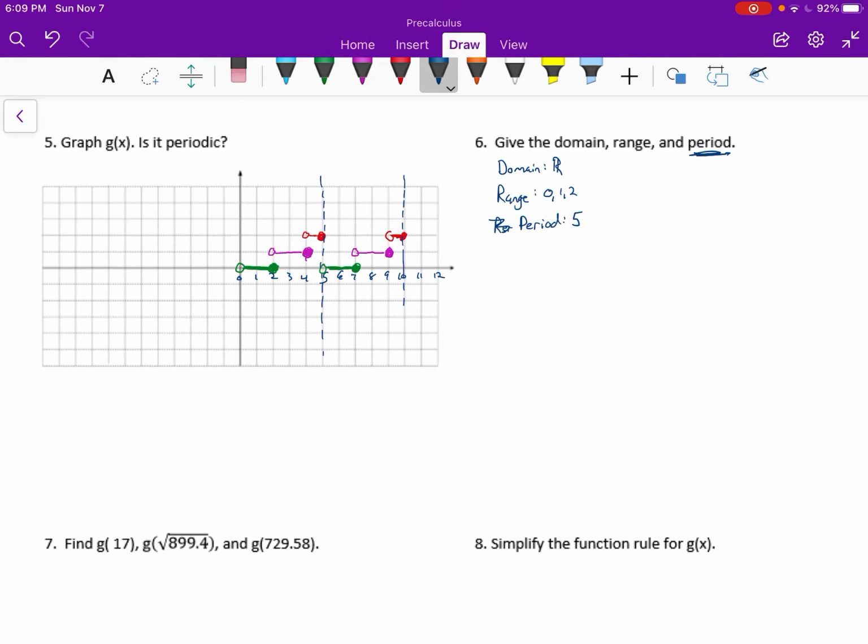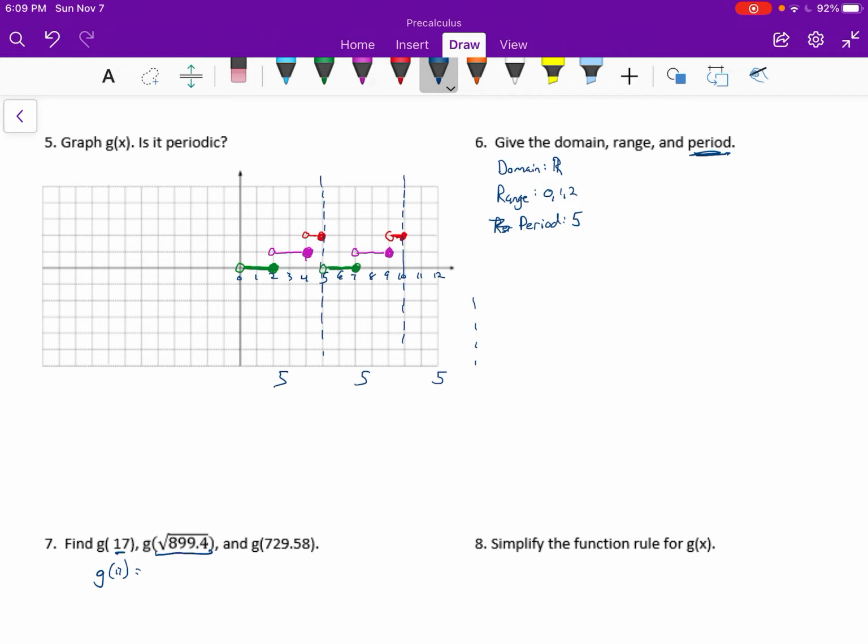All right, we need to find g of 17, g of the square root of 899.4, and g of 729.58. These are actually all in the positive, so we might want to think about that a little bit to find these. So g of 17. Well, these repeat every 5.